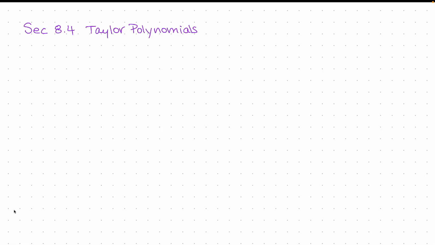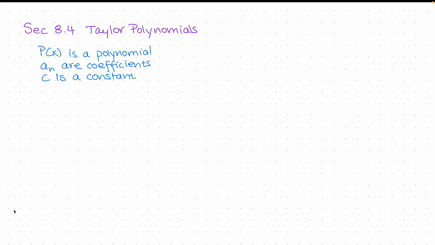Well, before we start with that, we're going to say that P of x is a polynomial. a sub n are the coefficients, and c is a constant. You'll see what I'm going to do with this in a moment.